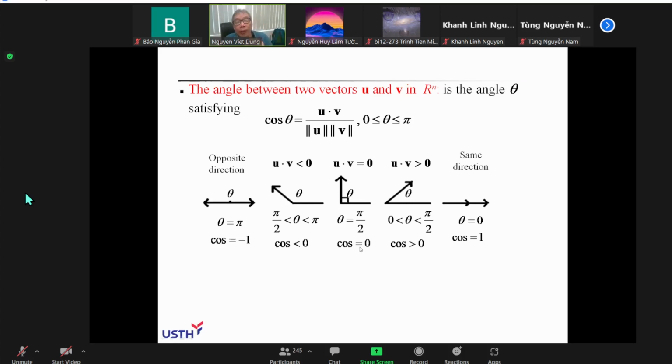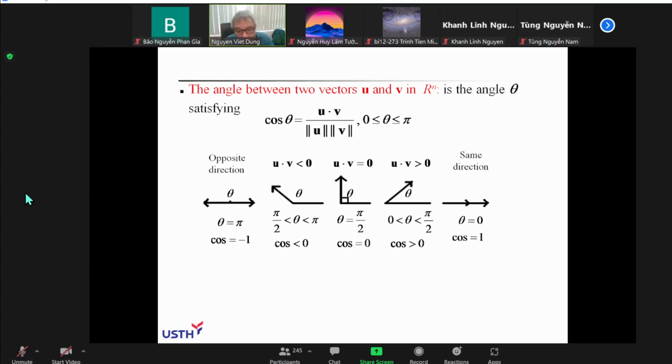In that case, we have the angle theta equal to pi over 2, and equivalently the dot product U, V equals 0. The next one is the case when the cosine of theta is positive. That corresponds to theta being between 0 and pi over 2, and the angle theta is then named an acute angle. And the dot product of U and V is positive.